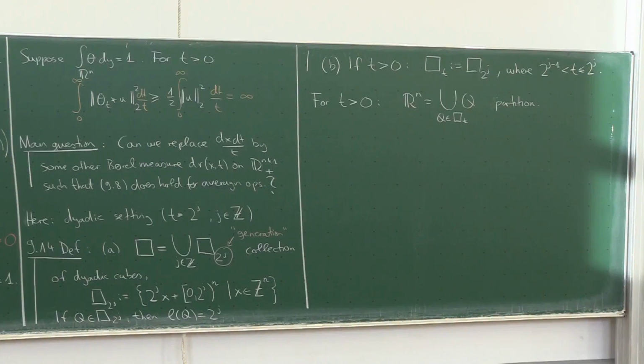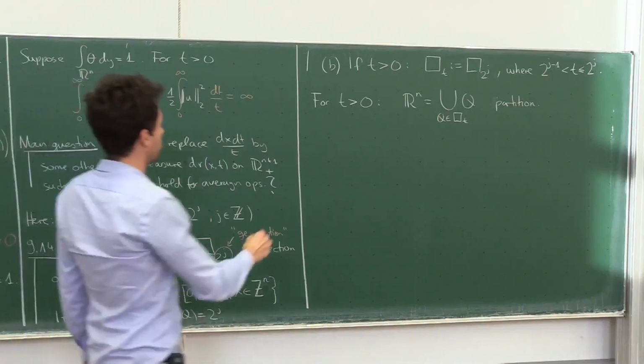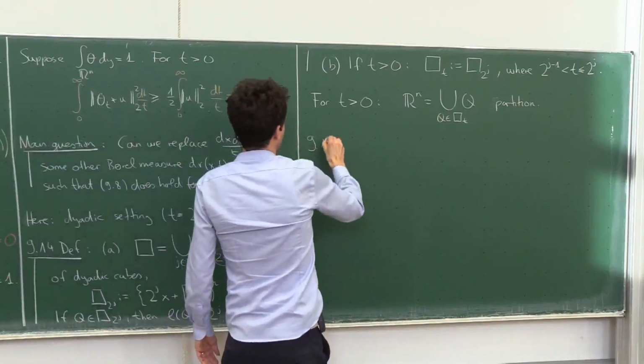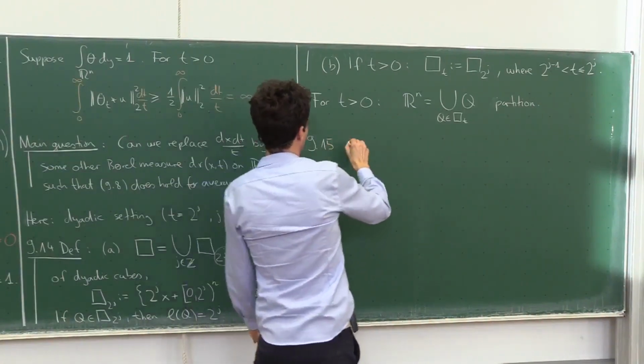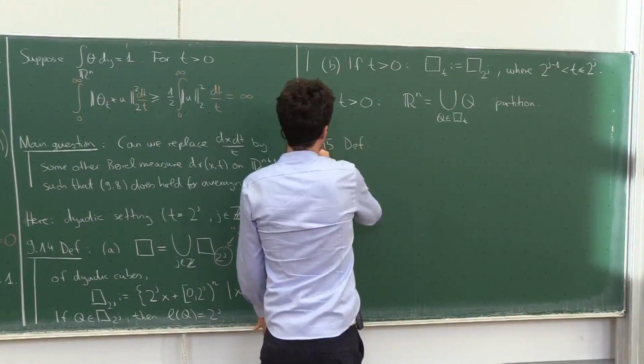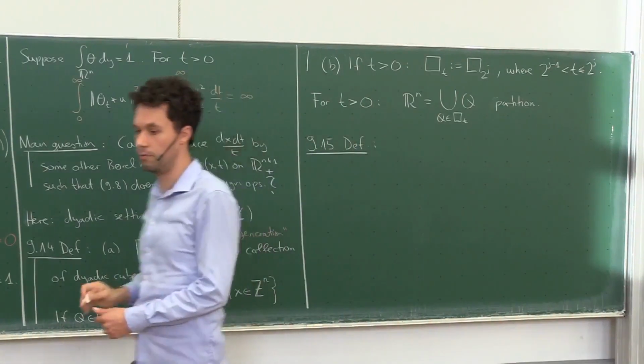Dyadic cubes of different generations either have one contained in the other, or they are disjoint. So you have this hierarchy; we're going to see it in pictures later on. I think it's important to see what these maximal and averaging operators look like if you go full dyadic.